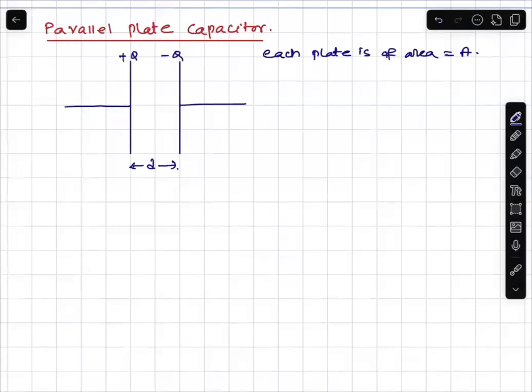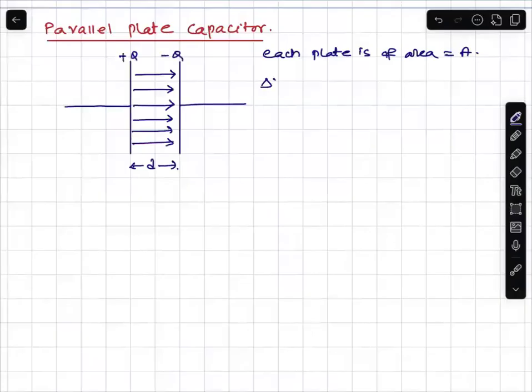Now, we assume the electric field in this region, deep inside, is uniform. At the edges, it is a different thing, which I will discuss in my next week's dielectrics class. But for a while, we assume that it is uniform.